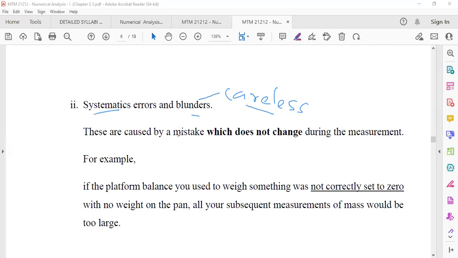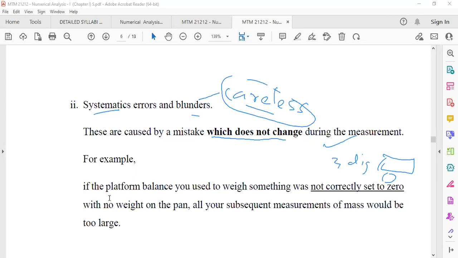So these are caused by mistakes which do not change during the measurements. Because of carelessness, if you set the machine to three significant digits, or if you measure something wrong, or put it in a different measurement, there is a possibility it makes errors.